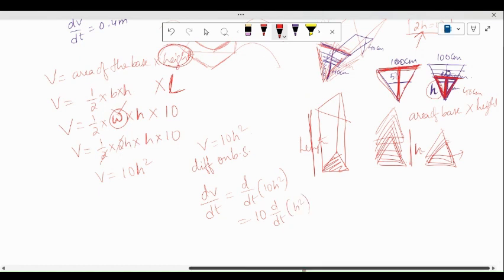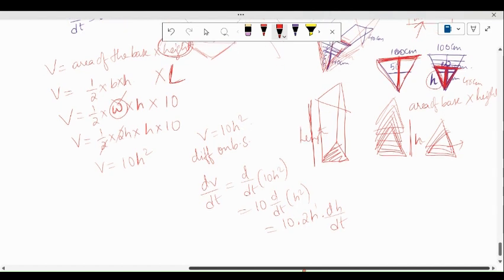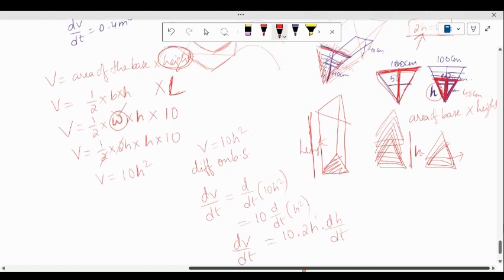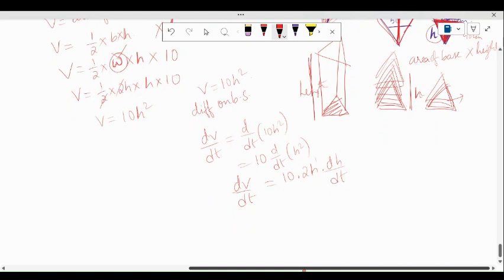Differentiation of H square is 2H power 1 into dH by dt. So dV by dt we already know, that is 0.5, the changing volume.